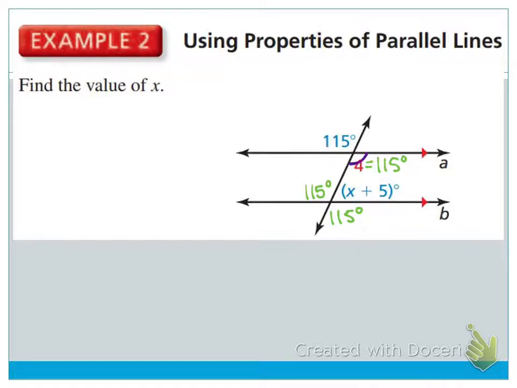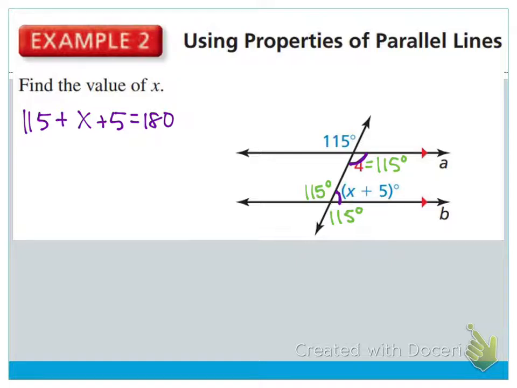You can know that this angle and this angle, what relationship do they have? They're consecutive interior, which makes them supplementary. So the long way to do it, you could take 115 plus x plus 5 equal them to 180. You could also look at it this way. They're a linear pair here too. Or, you know all of these angles are 115, right?